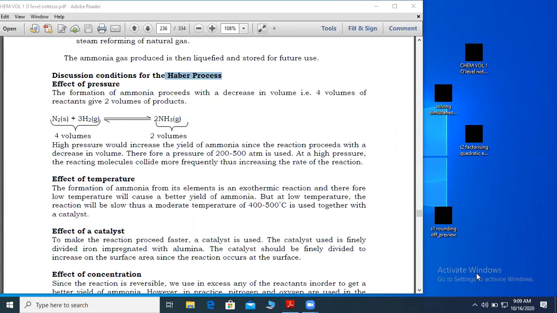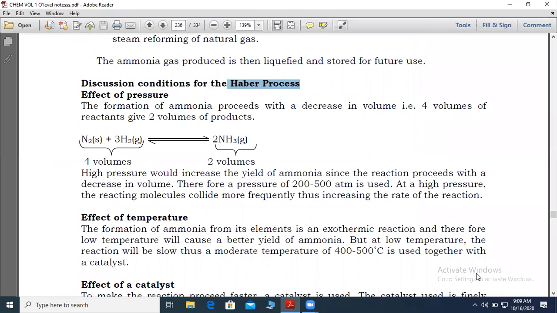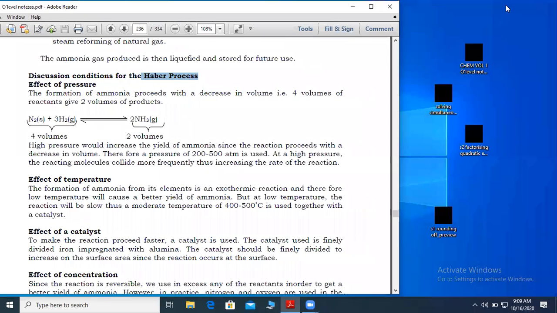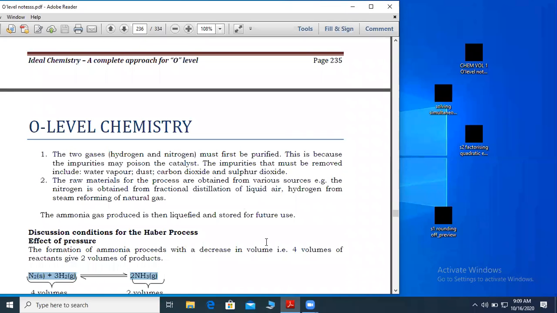Don't hesitate. I'm sorry. Okay, can you tell me the conditions for this reaction where ammonia is manufactured on a large scale? I told you there are 3 conditions. I hear the page is turning backwards.